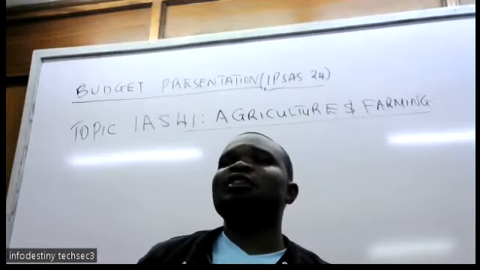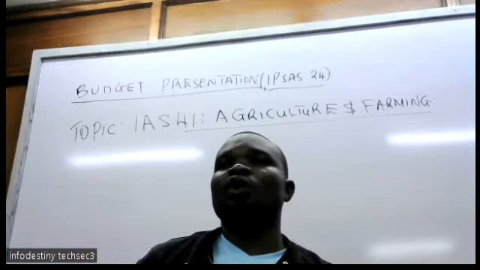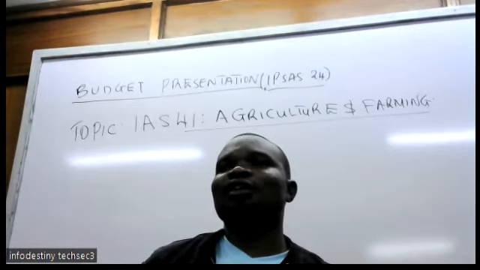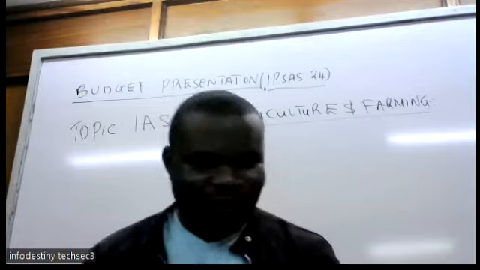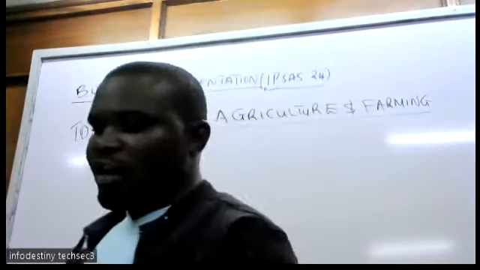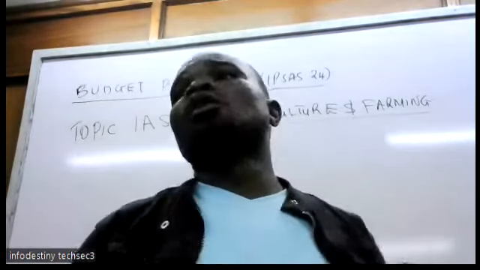Are human beings classified as animals? Sure. So we are biological assets. Okay. They should be valued at fair value and recognized as non-current assets in the statement of what? Financial position.